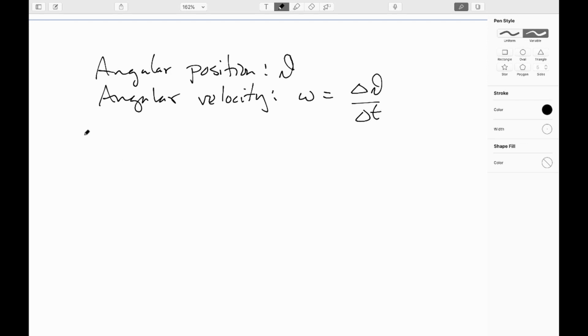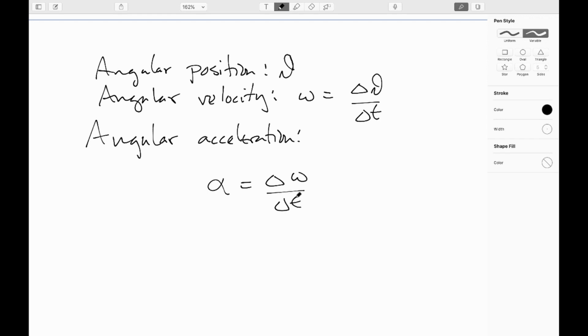And so you might guess where we're going with defining angular acceleration. It is the time rate of change of the angular velocity.